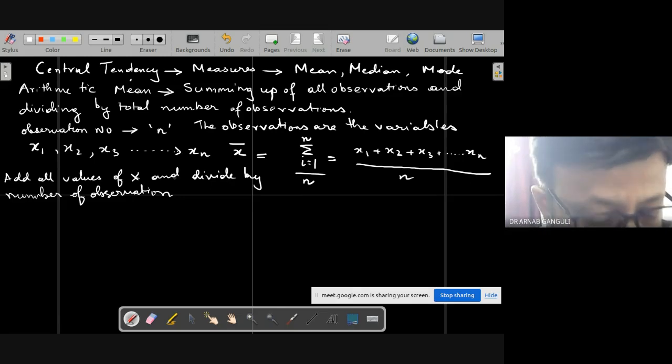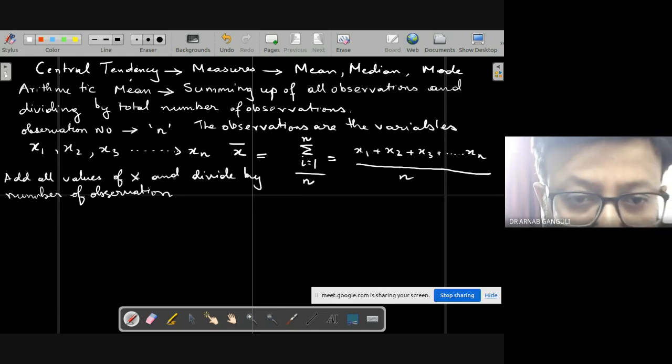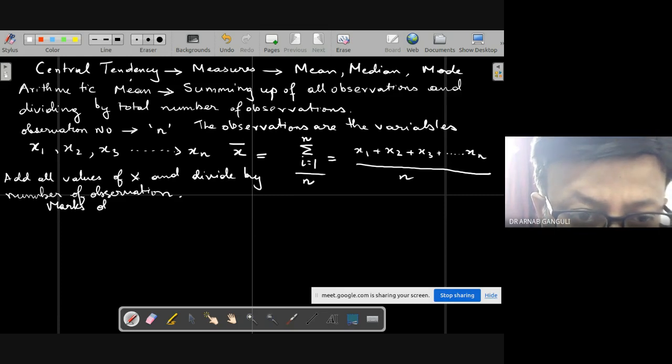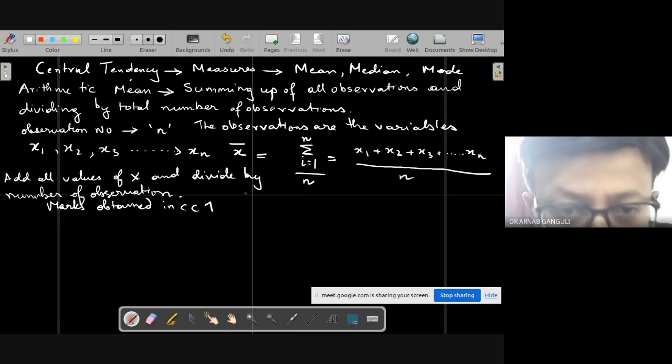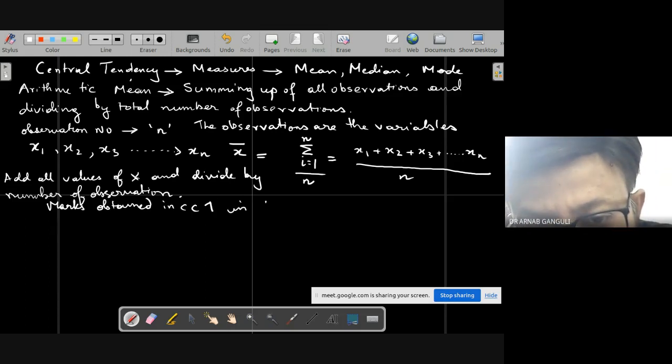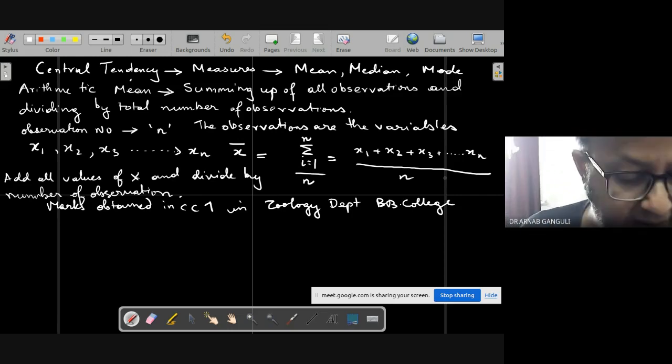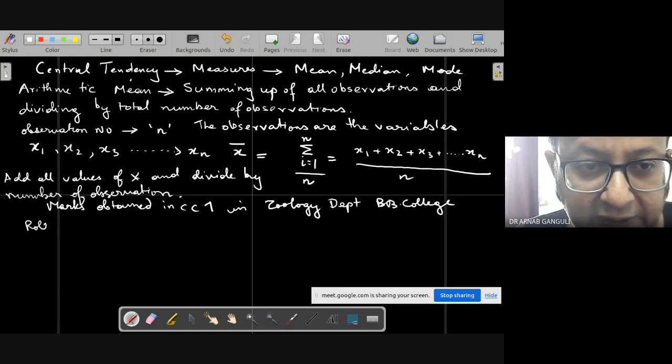So let us take this data. Say marks obtained in CC1 in the zoology department, BV college. You can write it as roll number.